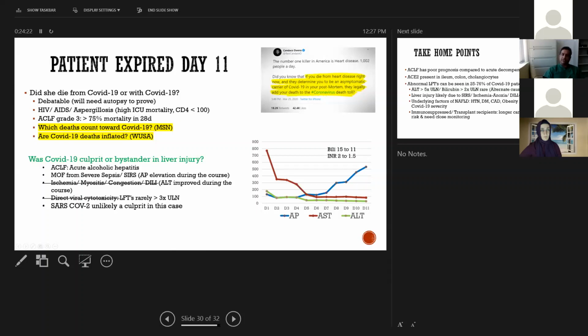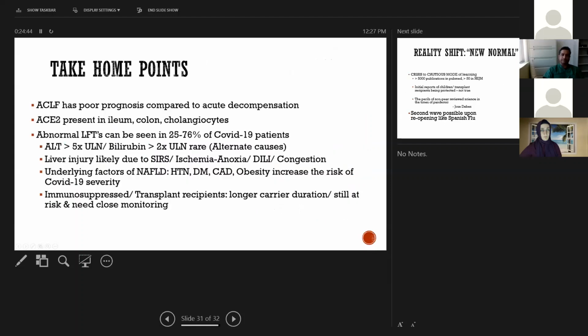Direct viral cytotoxicity is also out of the question because, again, we know that liver function tests are rarely over 3 to 5 times the upper limit of normal. And therefore, most likely in this patient, the cause of ACLF is acute alcoholic hepatitis, which was compounded by multi-organ failure from severe sepsis and SIRS.